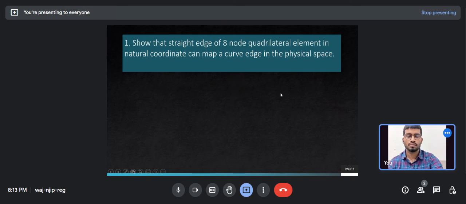In these sessions, first I will show how the eight-noded element in the natural coordinate system can map the curved edges in the physical space of a 2D element, right?